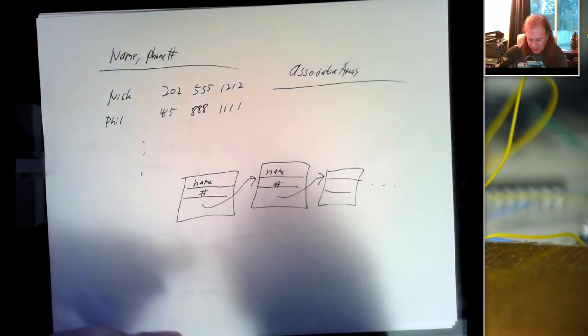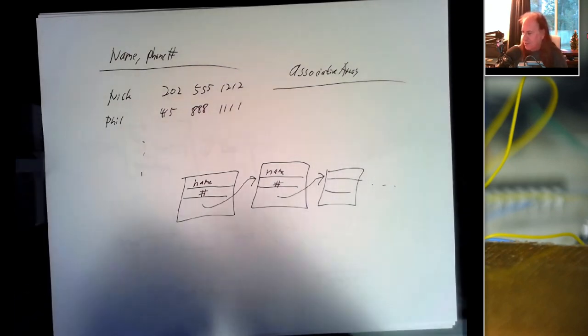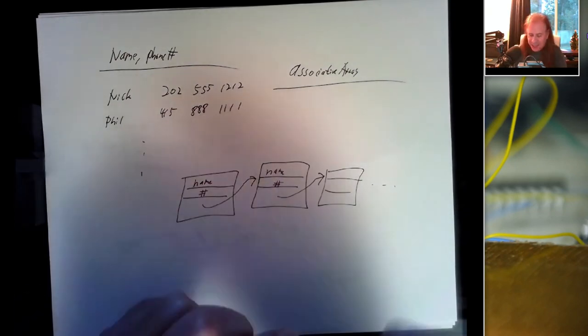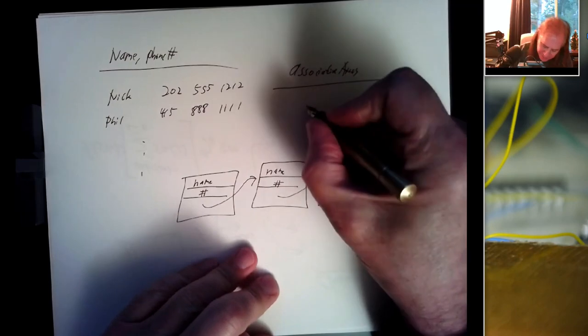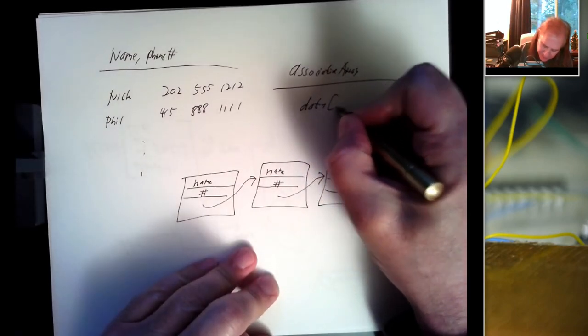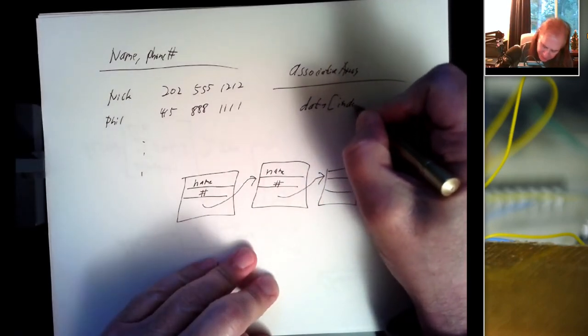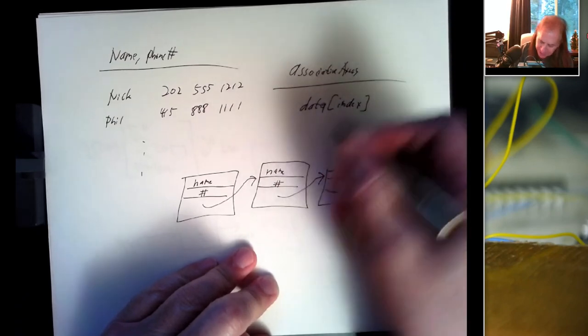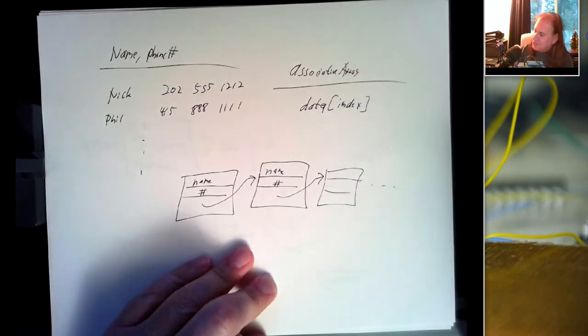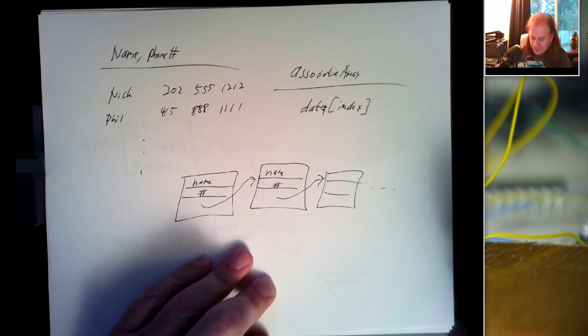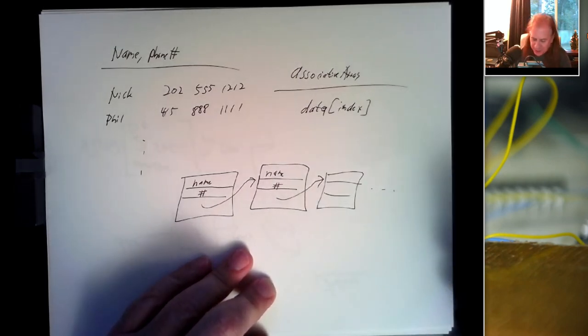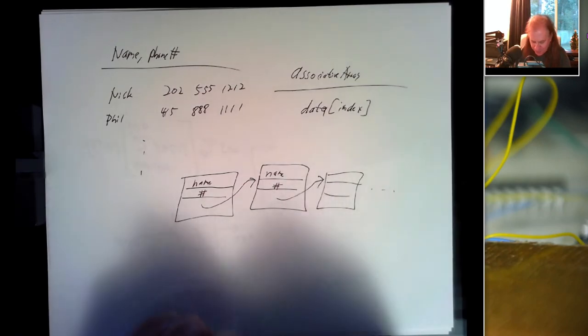Remember, with an associative array, like in Bash when we say declare -A, we have an array, let's call it data, and we can search for an element with a certain index, but this index doesn't just have to be an integer. It could be a string, it could be a collection of words, it could be anything that we want.